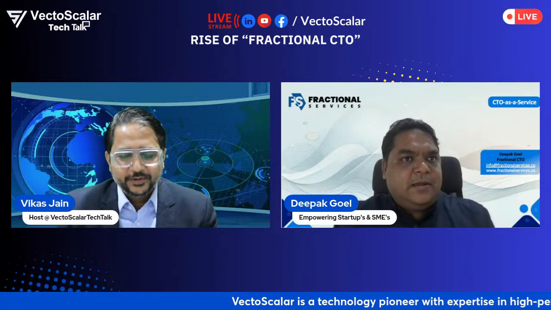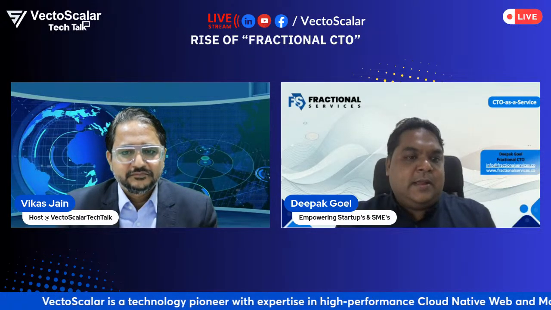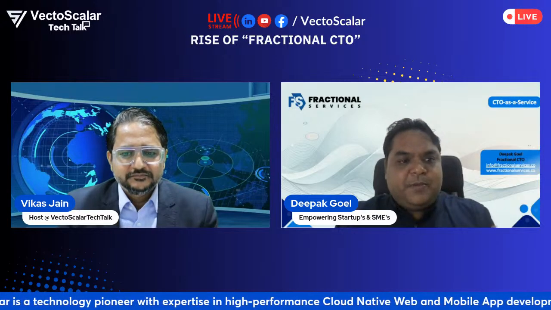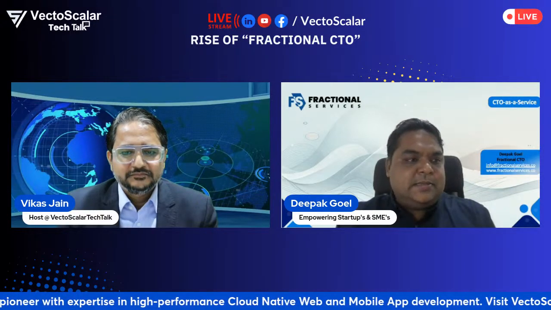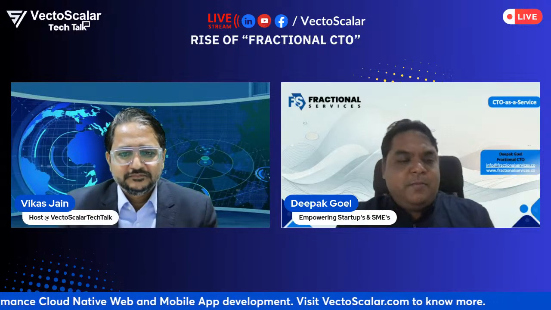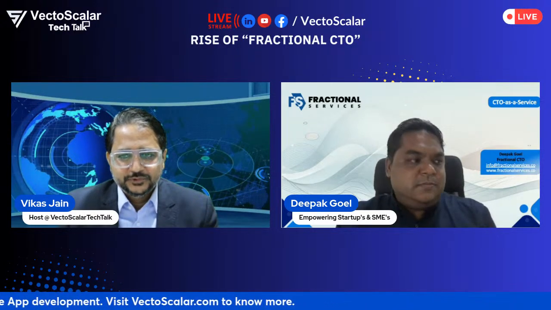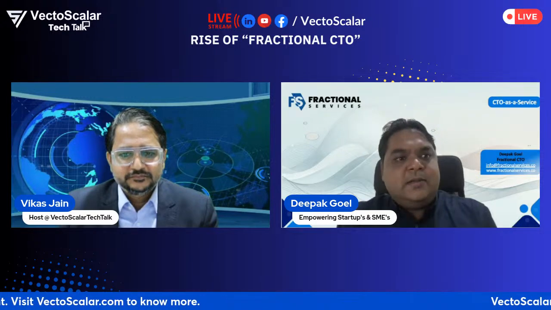A CTO plays a different role depending on the need. It can be an architect, it can be a person who works as a medium between business and technology. Over the years, there are many roles that a CTO plays.